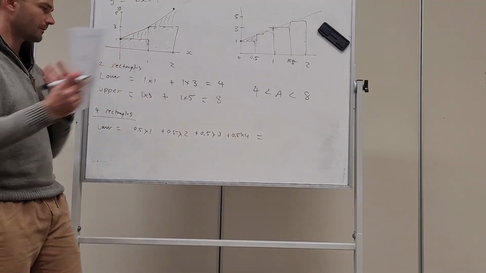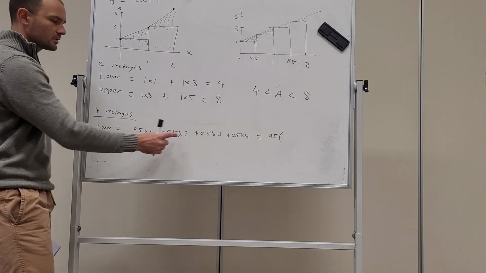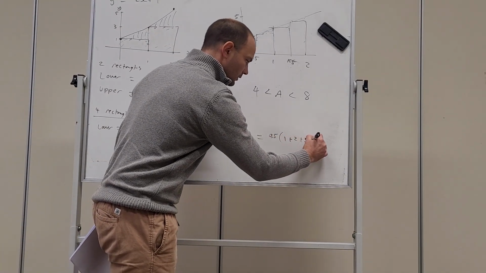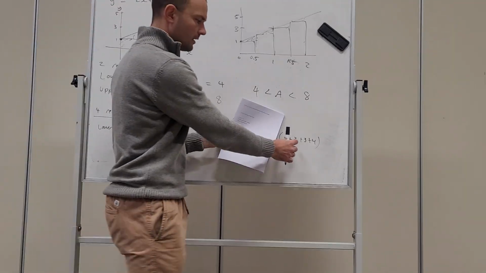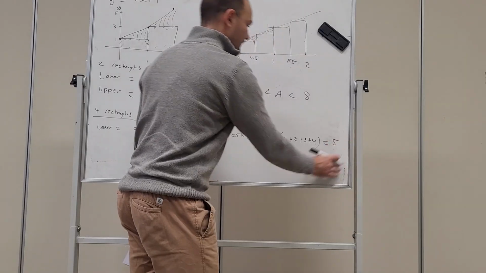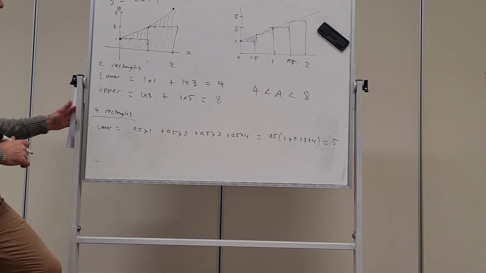So we can pull 0.5 out the front. It's 0.5 times 1 plus 2 plus 3 plus 4. So it's just half of 1 plus 2 plus 3 plus 4. So what's that? 3, 6, 10, half of 10 is 5. Okay, so using the lower estimate now, we have a lower estimate of 5.